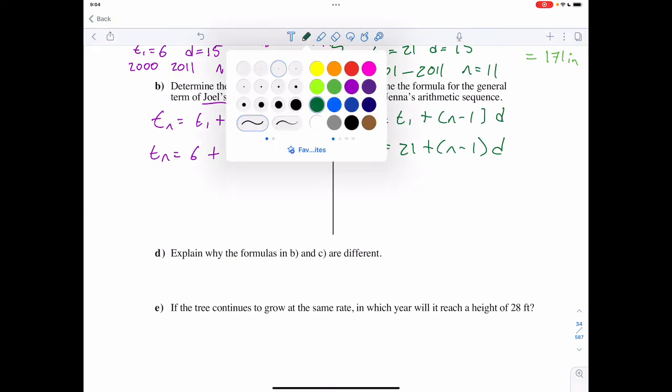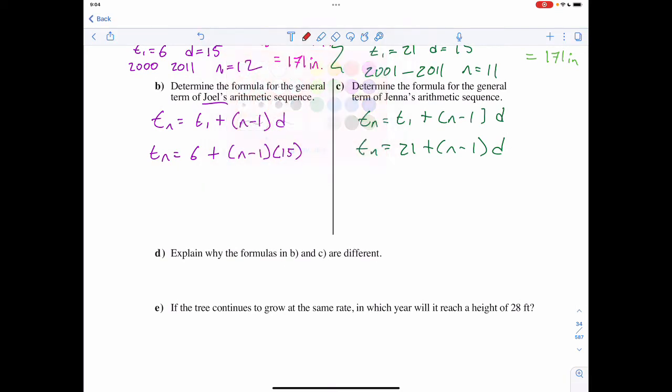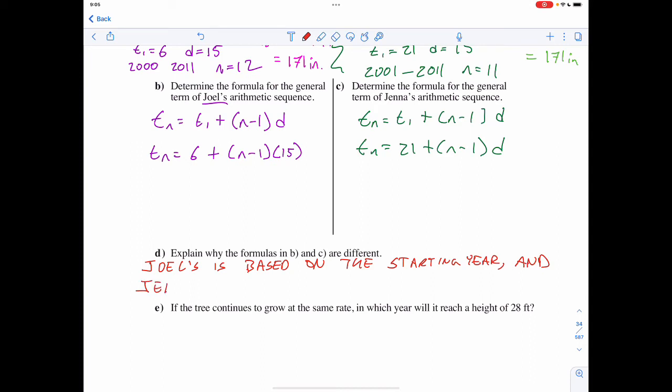Why are the formulas different, but they both still work? Joel's is based on the starting year, and Jenna's is based on the number of years that have passed.